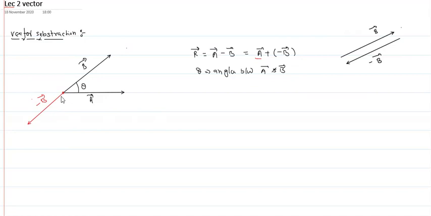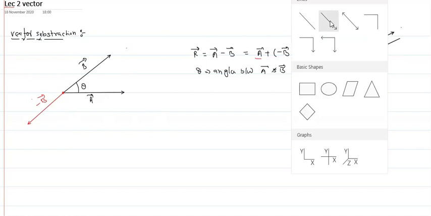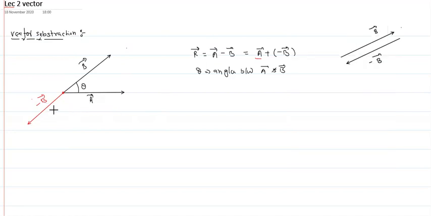So what do we have to do? The tail of B vector must meet the head of A vector. We have to shift a vector parallelly, so I am shifting this minus B vector parallelly.